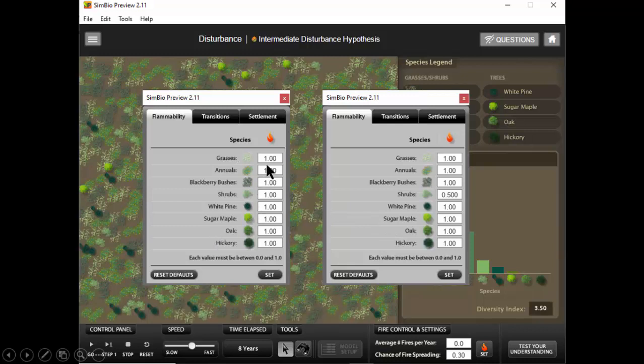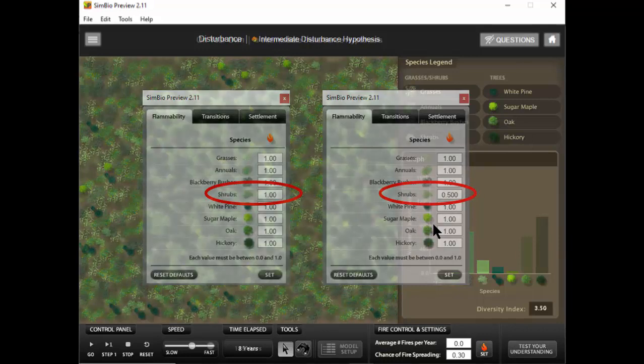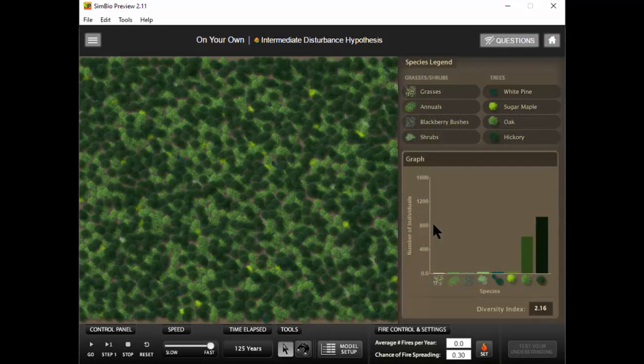And I could change the flammability of shrubs from 1, which is highly flammable, to 0.5, which has a flammability half of that, all the way down to 0. Okay, so I'm pointing out how I'm changing this system. All right, and then if I run it for 125 years, this is what I would get.